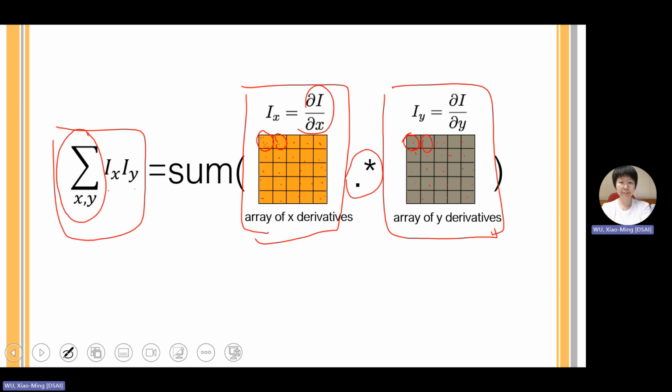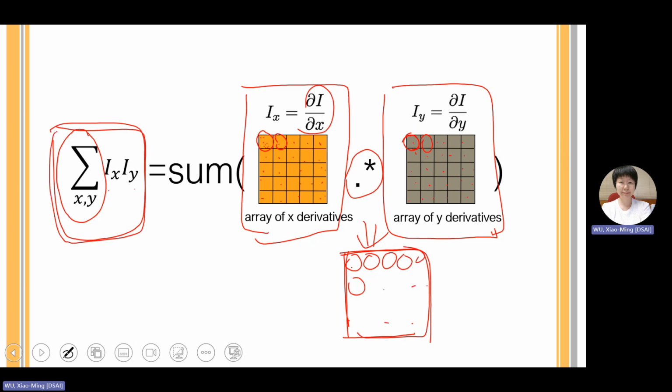Then we obtain this new matrix, and we sum up each element within this matrix. So that's how we compute this term. Clear?